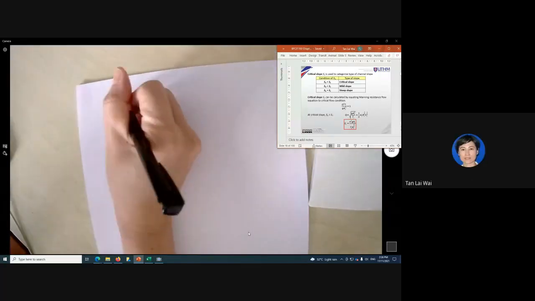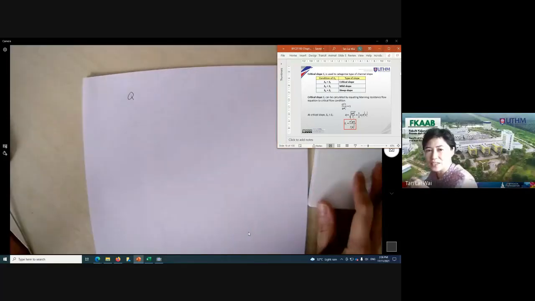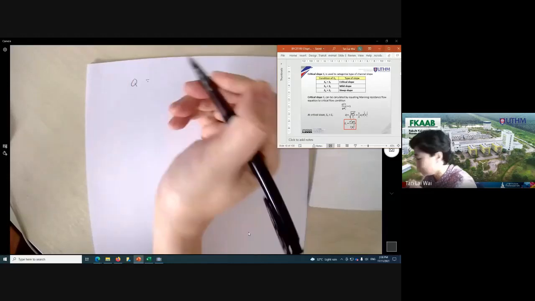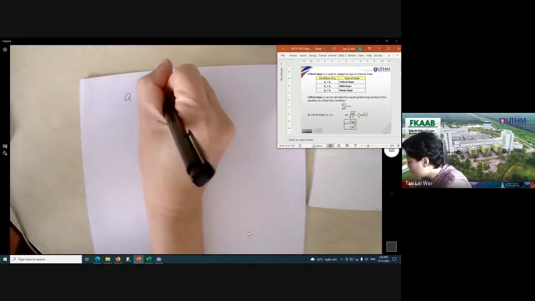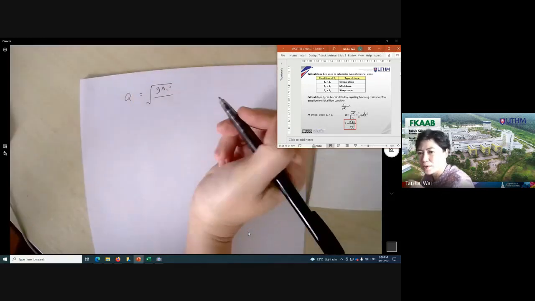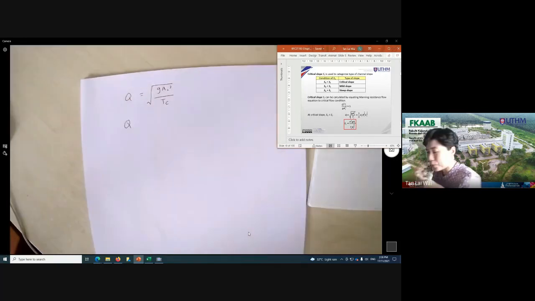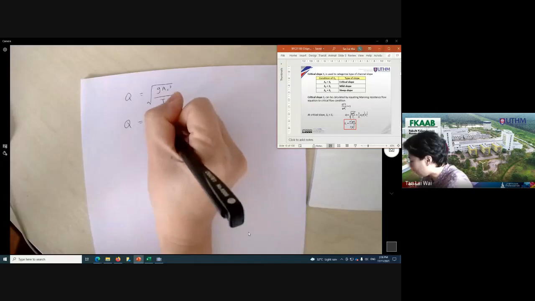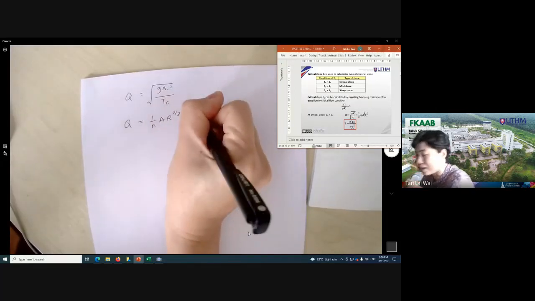Now, just now I said I have Q for critical flow, right? I have Q equals to G A cubic power over TC. Now, from uniform flow, I also have Q equals to 1 over N A R to the power of 2/3 S naught to the power of half.